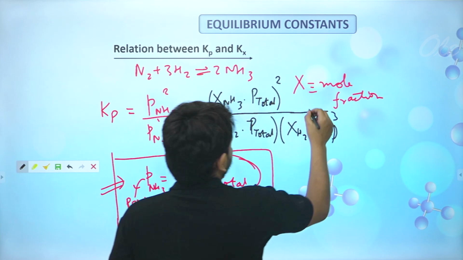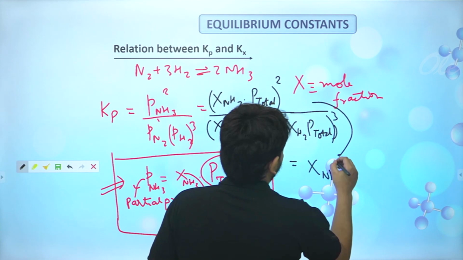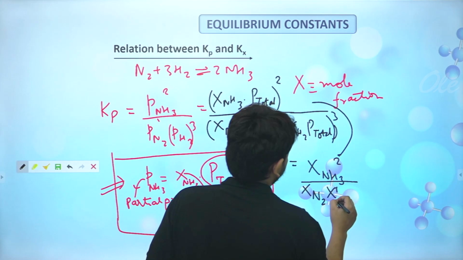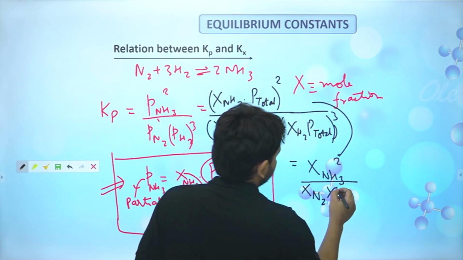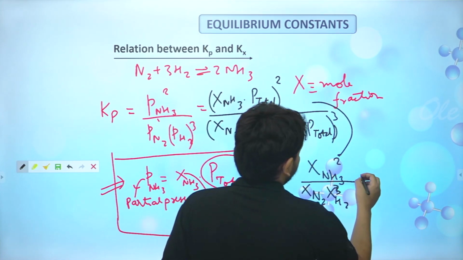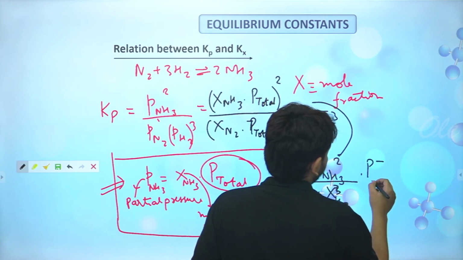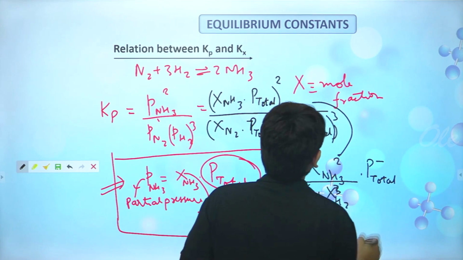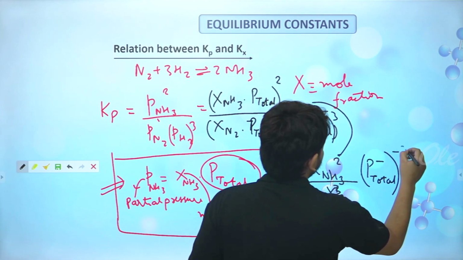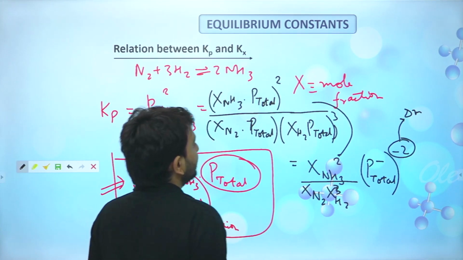When you continue from here, you'll get X NH3 whole twice over X N2 into X H2 whole thrice, the mole fractions, into P total raised to the power minus 2, which was delta n.